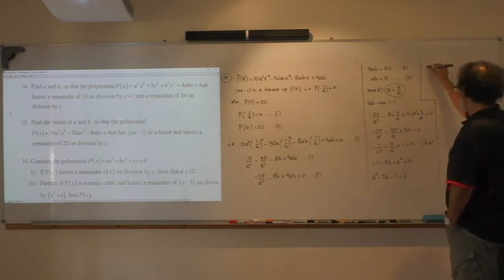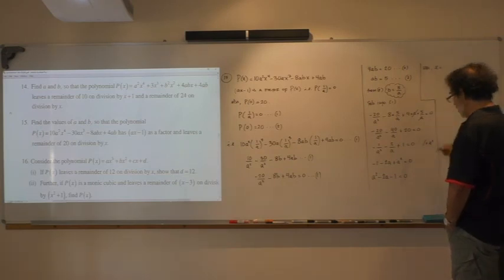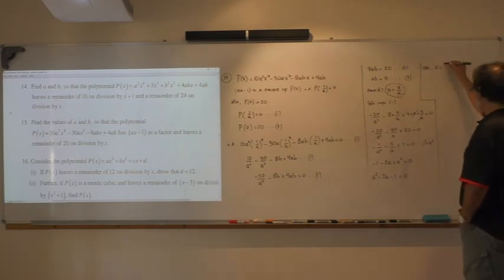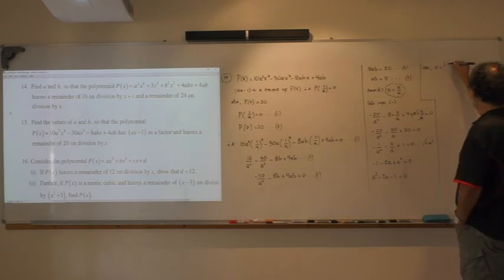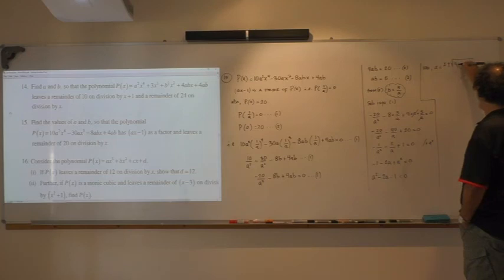So a is going to be equal to positive 2 plus or minus square root of 4 minus 4 times a times negative 1, divided by 2.